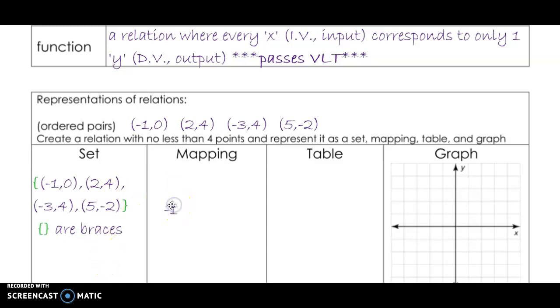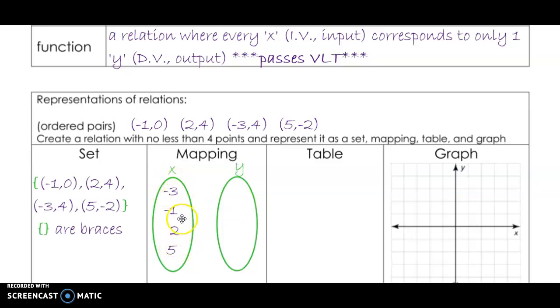A mapping, if you remember, is a set of two ovals. One oval is your independent variable, the other oval is your dependent variable, and you list out in order all of your x values, and you list out in order all of your y values, and then you draw lines to show which ones are paired together.